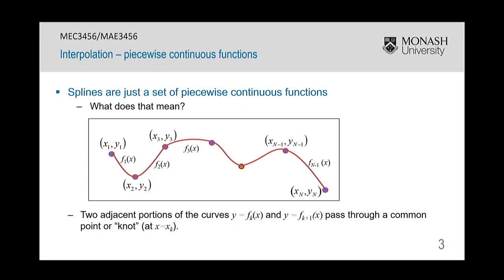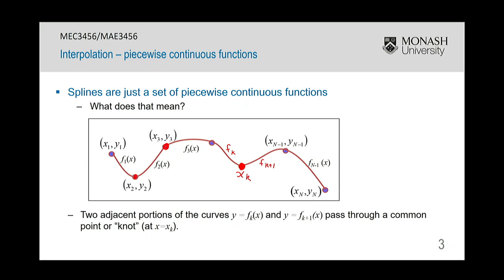Two adjacent portions of the curve, y equals fk of x and y equals f(k+1) of x, pass through a common point, and these points are often called knots. So if we consider the point at xk, this function here is fk, this function here is f(k+1), and both of these functions have the same function value when x is equal to xk. Likewise, at point 2, f1 and f2 have the same function value.